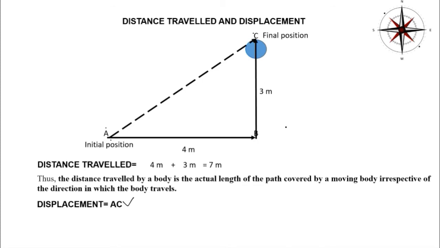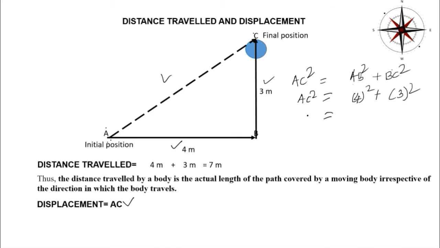Use Pythagoras theorem. Since this is a right angle triangle, AC square is equal to AB square plus BC square, right? So AC square is equal to AB square, which is 4 square, and BC square is 3 square, which will be 16 plus 9, that is 25.